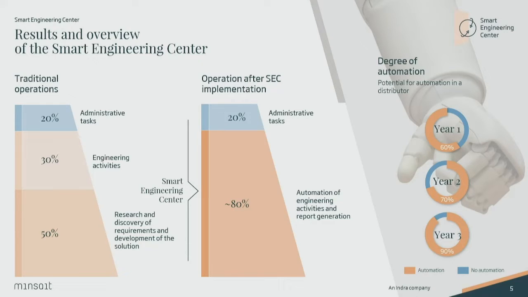There still is a 20% administrative task, the rest is automated. Year one, we expect a 60% automation of the process. The process does use artificial intelligence and machine learning, so we actually have to train the models. Year two, we reach a 70% automation. Year three, we reach a 90% automation.